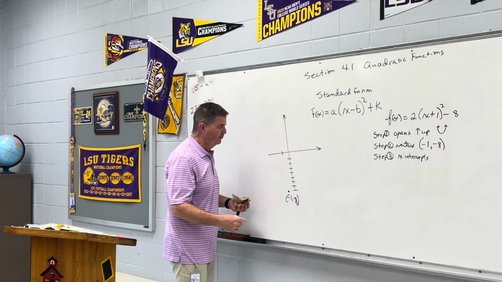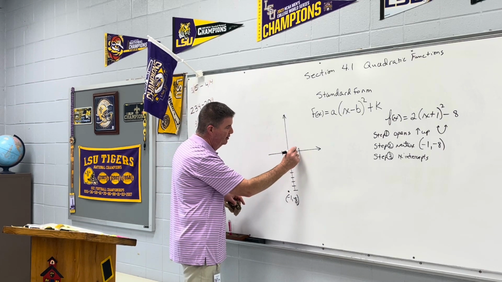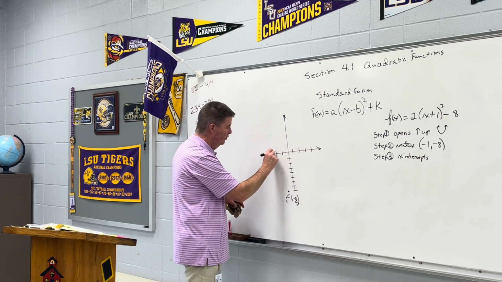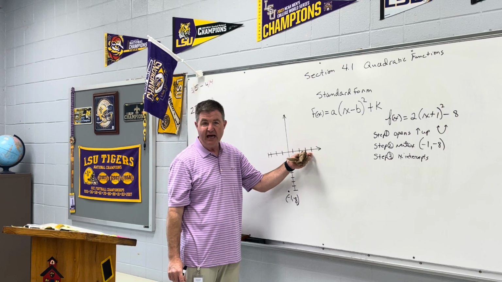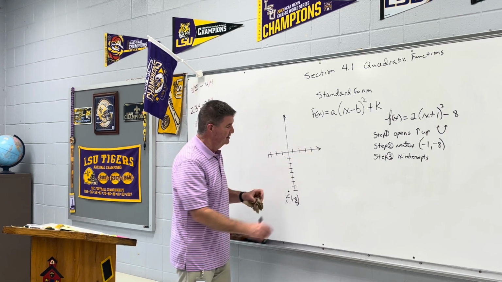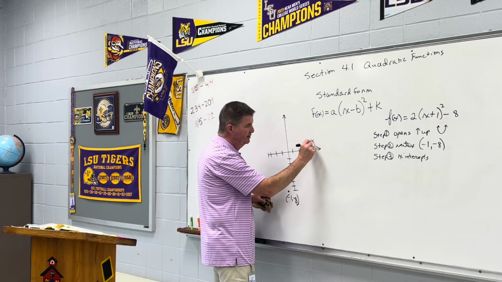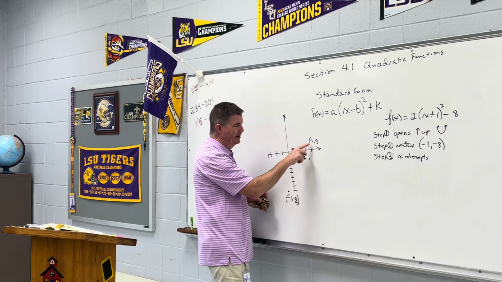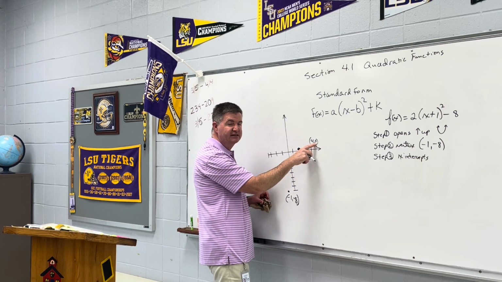Any number on the x-axis has a coordinate, and that coordinate is some number for the x, but the y is 0. For instance, if this was our number, this would be 1, 2, 3, 4. This would be 4, comma 0. So I know the x would be 4, and the function itself, or the y, would be 0.